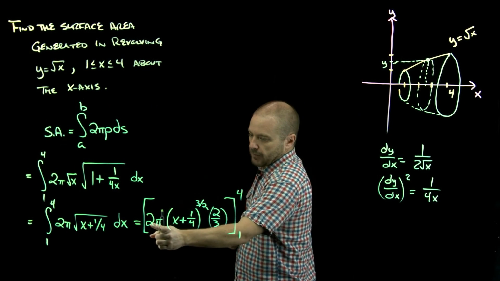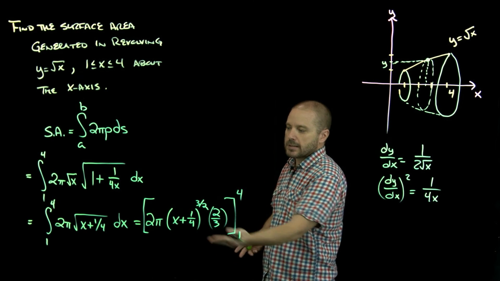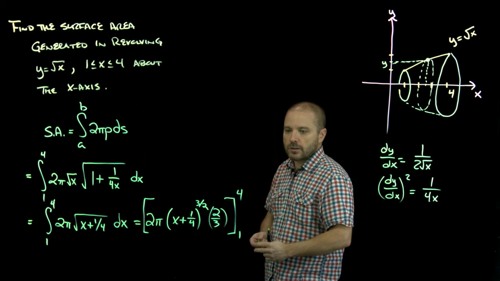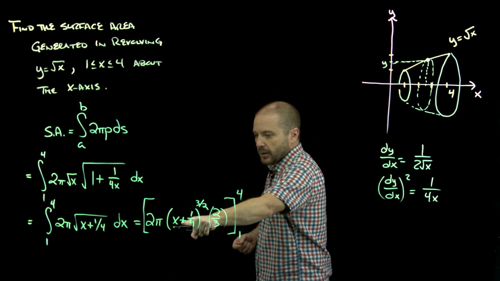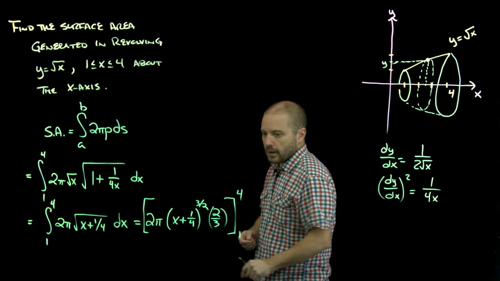And this stuff combines up. The 2 pi and the 2/3 combine up as a constant. We could take that out of the integral. And then it's just a matter of evaluating this expression here at 4 and at 1.